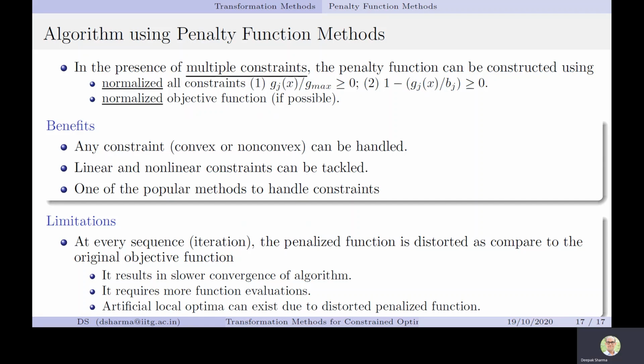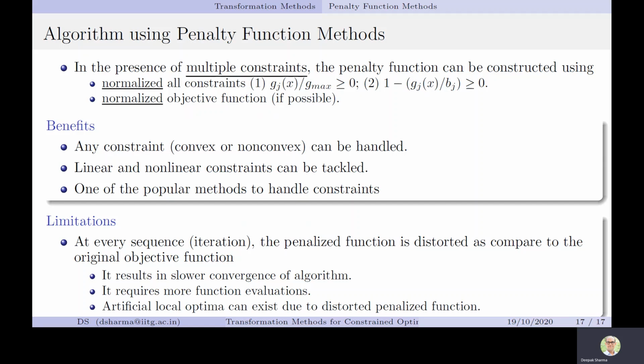Now let us consider a case when you have multiple constraints. All the constraints will be included in the penalty function, and you will get very complex contours that suggest there are many local optima. But actually for the original problem, that is not the case.